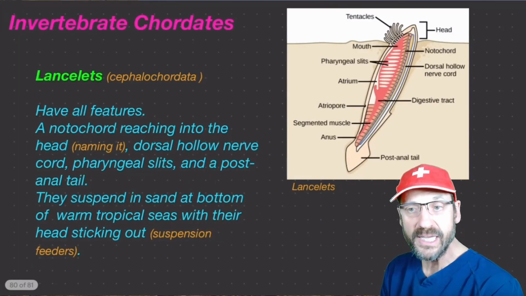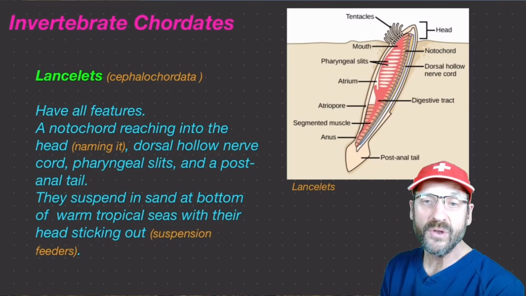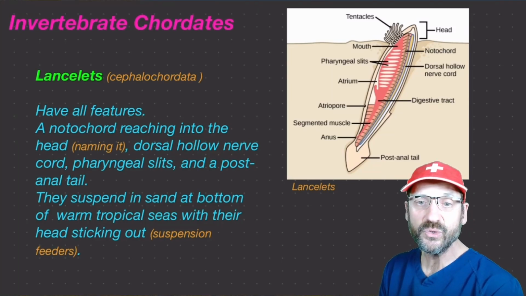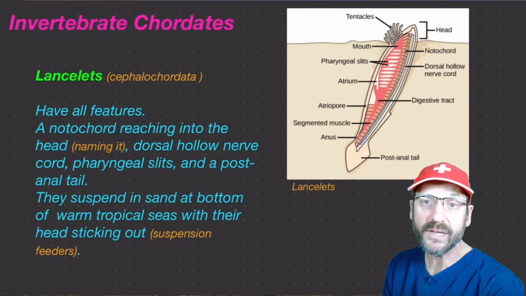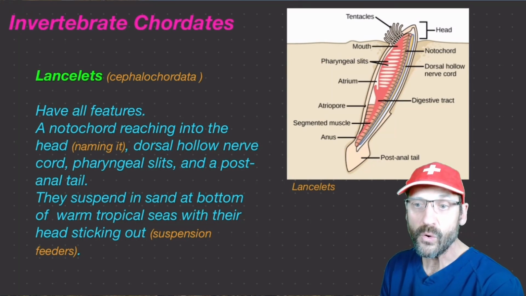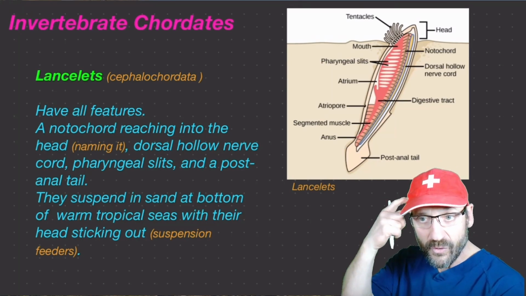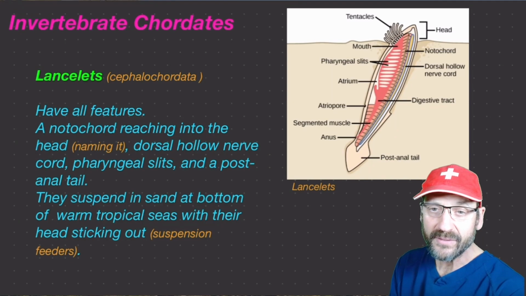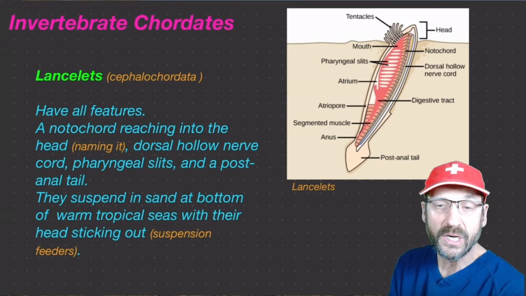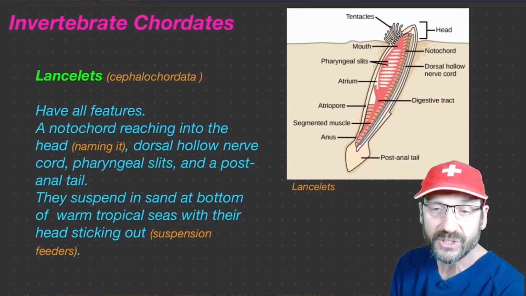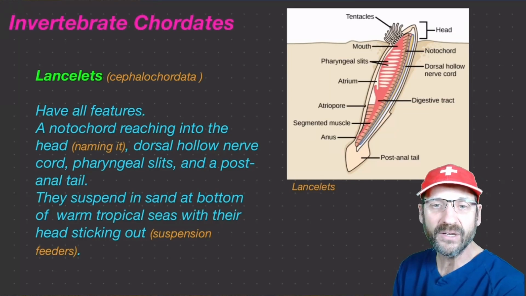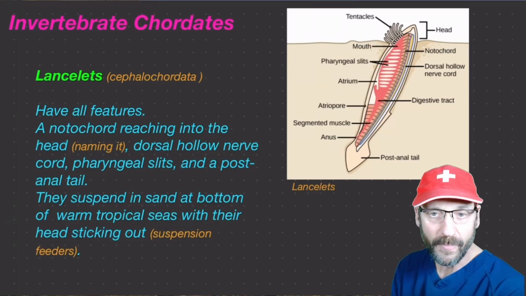But the lancelets keep them. And the notochord reaches into the head, and that's why they are known as cephalochordata, because cephala refers to the head. And they have a dorsal hollow nerve cord, pharyngeal slits, and a post-anal tail.